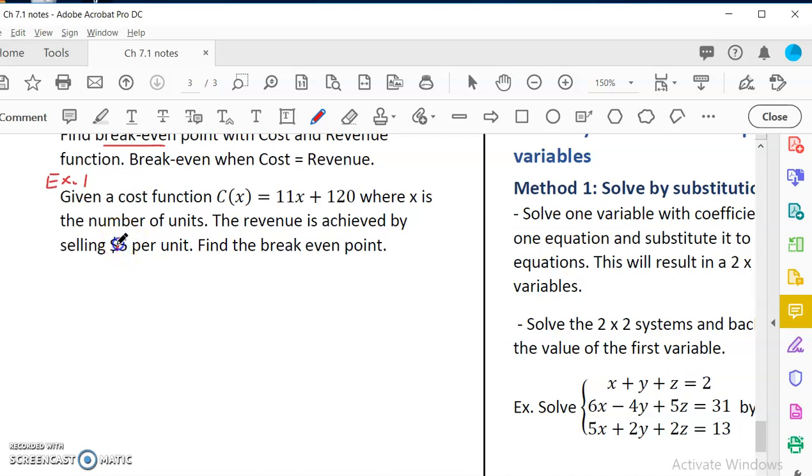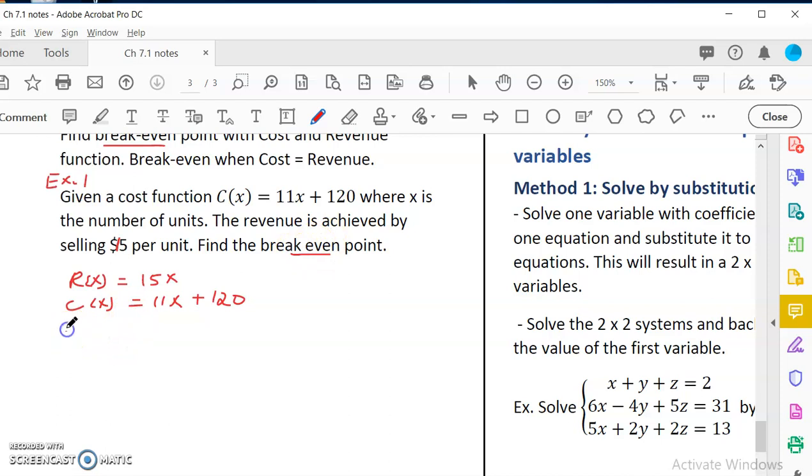It should be 15 per unit because it costs $11 to produce it per unit, and then with some overhead. So the revenue function is 15x, and your cost function is 11x plus 120. The 11 is the per unit cost, and the 120 is the base cost.